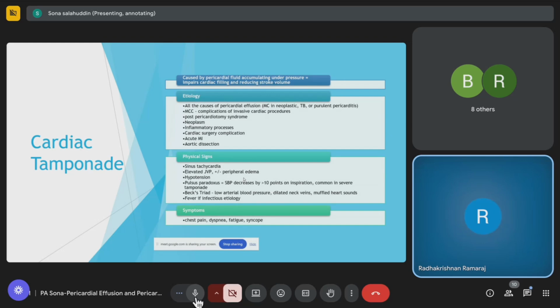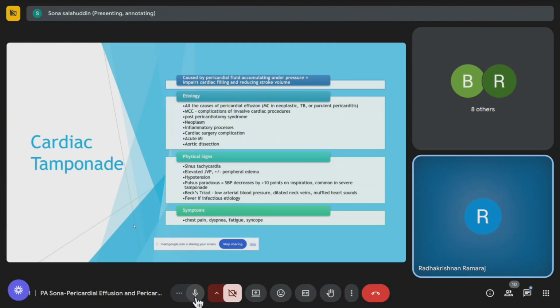Tachypnea creates negative thoracic pressure, and they suck fluid into the right ventricle to maintain hemodynamic stability. You sedate them, they die. You give them heavy sedation, they slow down the heart rate, they die. If you give them diuretic, they die because you decrease the preload. Those are the three things that must not be done.